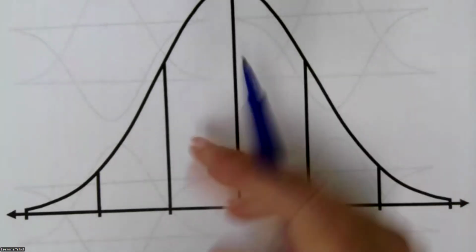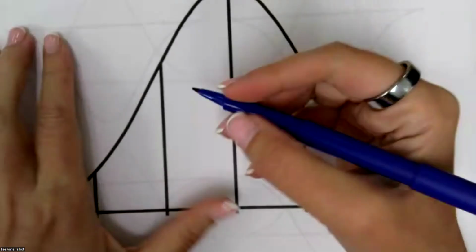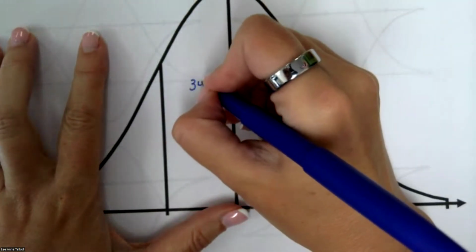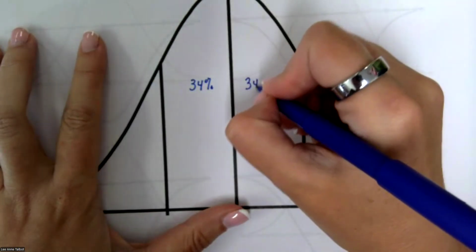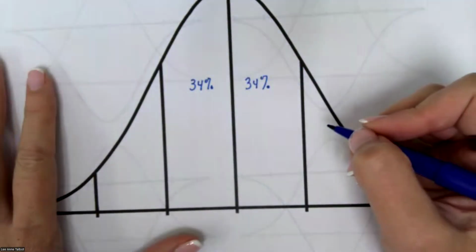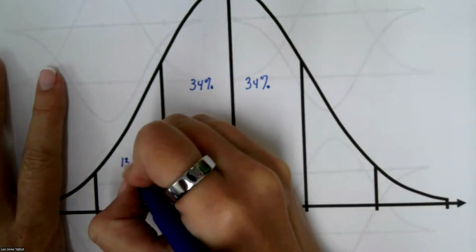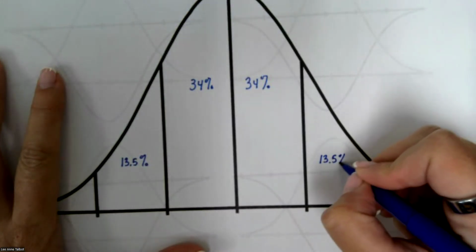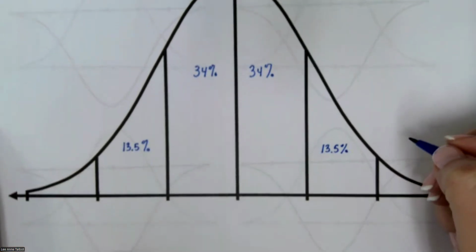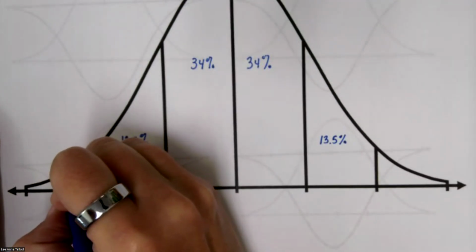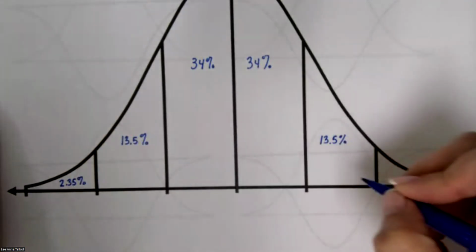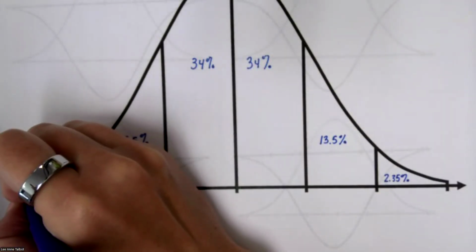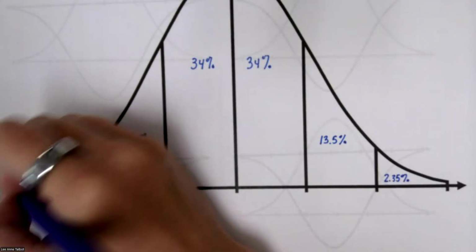So we are going to write the percentages in each space. And you could get them from the back wall if you need them. So 34, 34, 13.5, 13.5, 2.35, and then this little piece, which is just not really showing up, but it's definitely there.